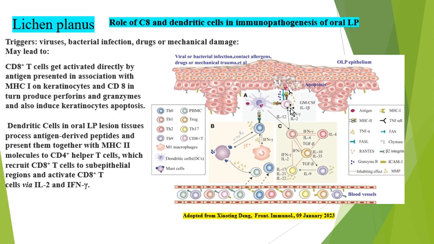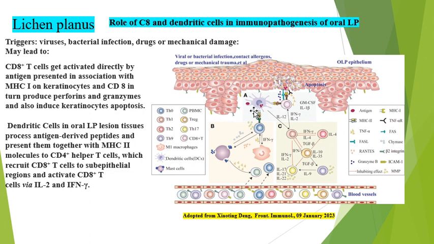However, as can be seen here, CD8 also needs help from CD4 cells, mainly T helper 1, which produce interleukin 2 and interferon gamma and activate the CD8.